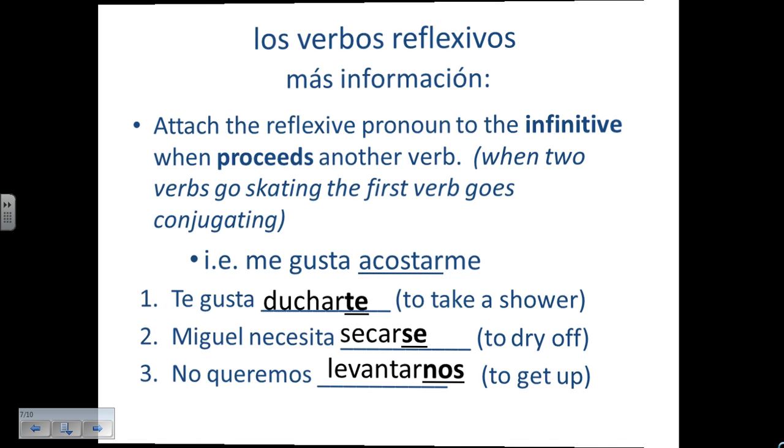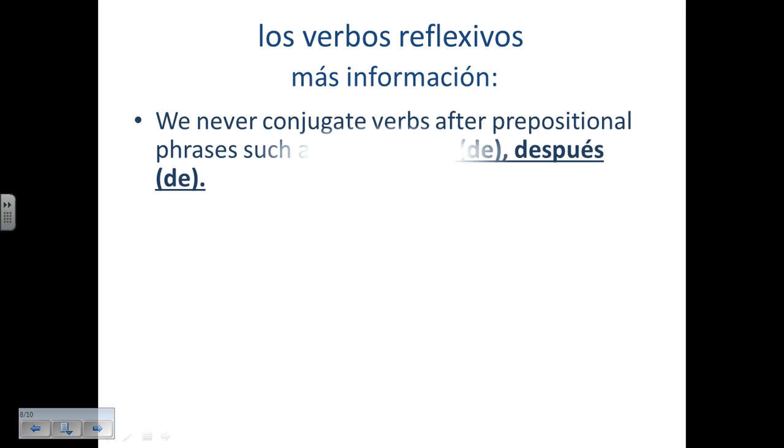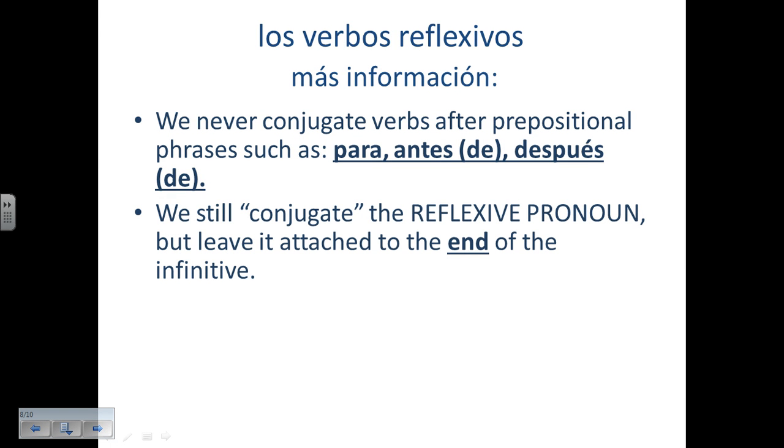Alright, very good. Another piece of information is that when we're using prepositional phrases such as para, antes de, and después de, we never conjugate those verbs. Alright? So, para, you might want to jot this down on your notes, means in order to. Oh, sorry. We still conjugate the reflexive pronoun, but we leave it attached to the end of the infinitive.